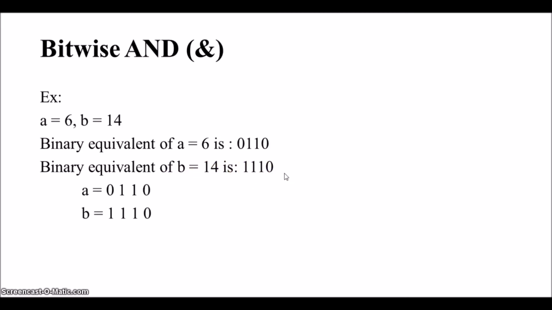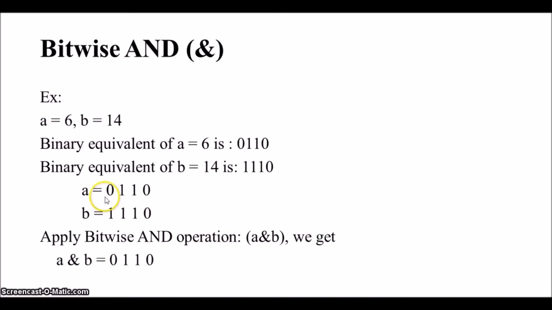Now suppose we want to perform bitwise AND operation on this A and B. That is denoted as A single ampersand B. So we get the result as 0, 1, 1, 0. How we got this result is by applying the truth table of bitwise AND operator bit by bit. 0 and 0, the result is 0. 1 and 1, the result is 1.